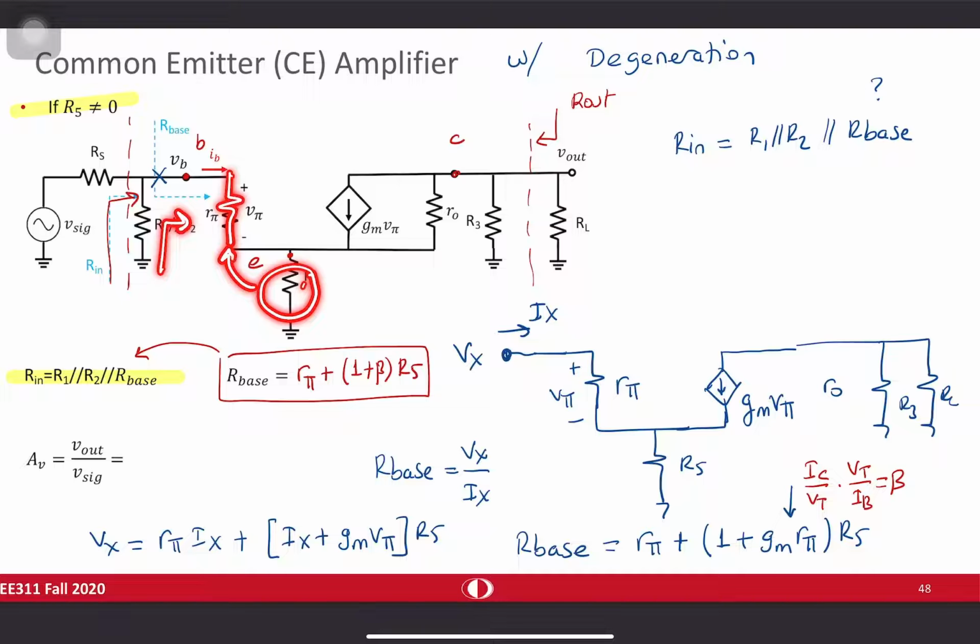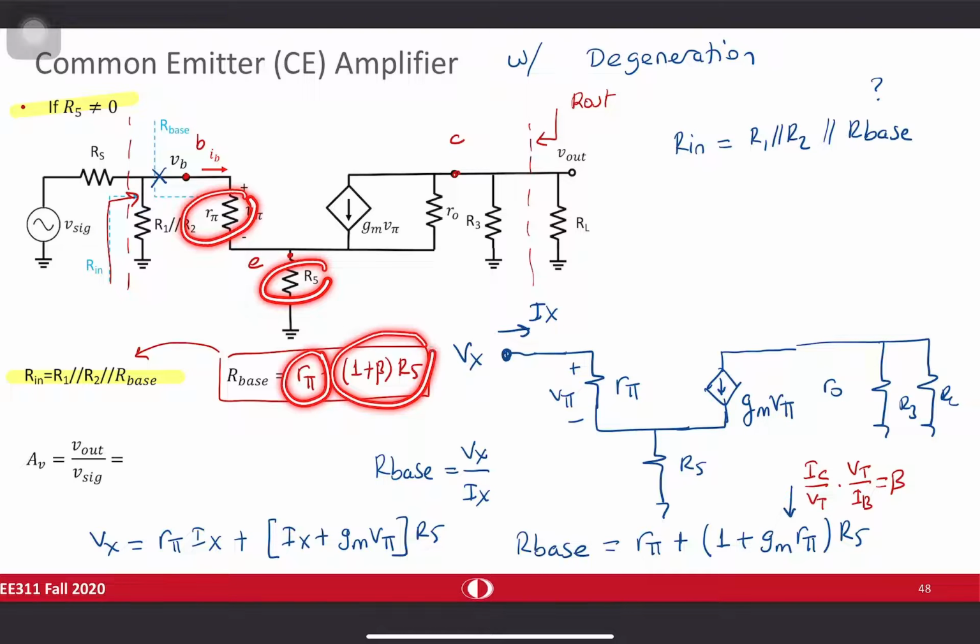So the resistance is R pi plus beta plus 1 R5. So I end up with the same result. In the previous solution, I drew the small signal model, did some calculations, wrote the expressions and so on. But if you ignore R0 and use the reflection rule, it is much easier.